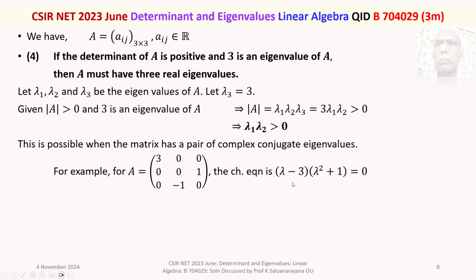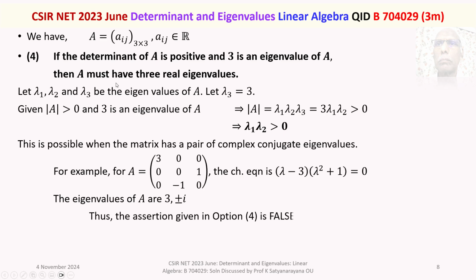So what are the eigenvalues? 3 is an eigenvalue, and lambda squared plus 1 equals 0 gives lambda equal to plus or minus i. So the eigenvalues of A are 3 and plus or minus i. Thus, the assertion given in option 4 is false.